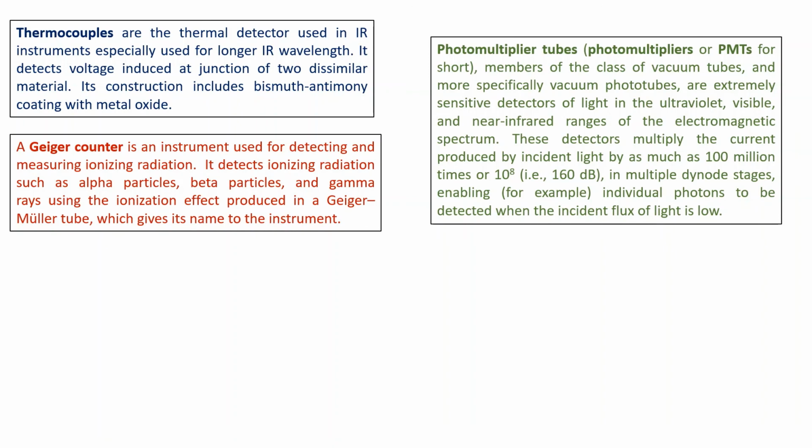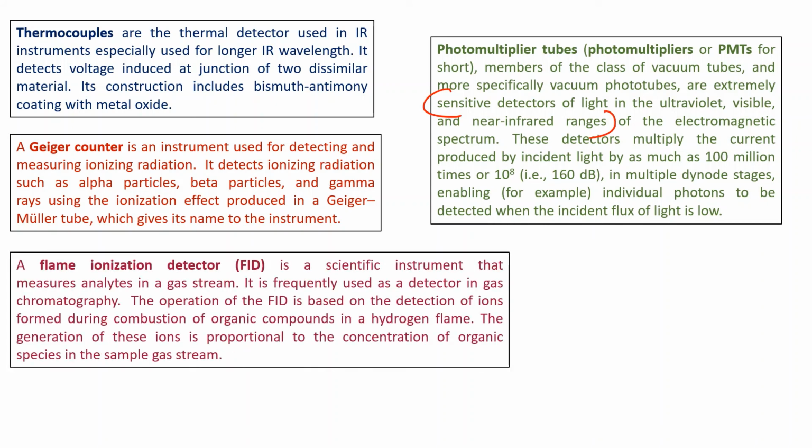Next is PMT, which is the short form for photomultiplier tube. It is mainly used as one of the sensitive detectors of light in the ultraviolet, visible and near infrared ranges of the electromagnetic spectrum.